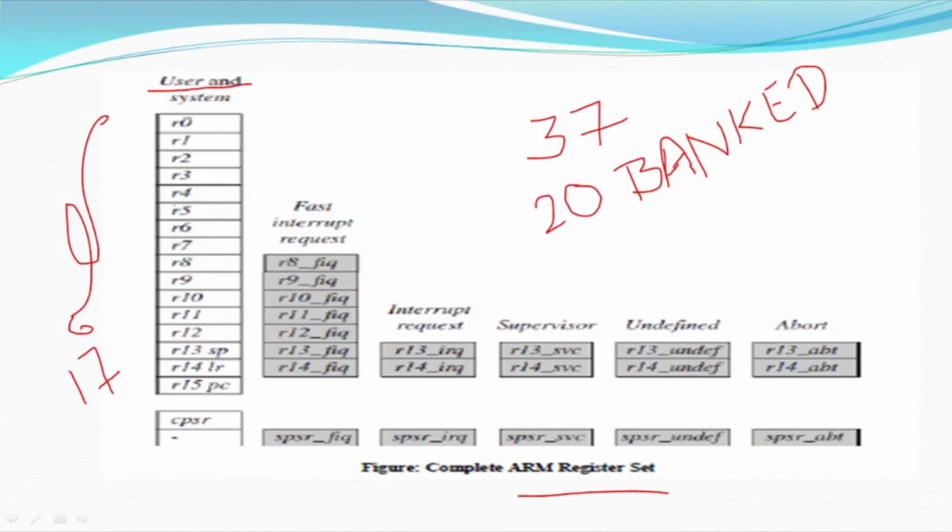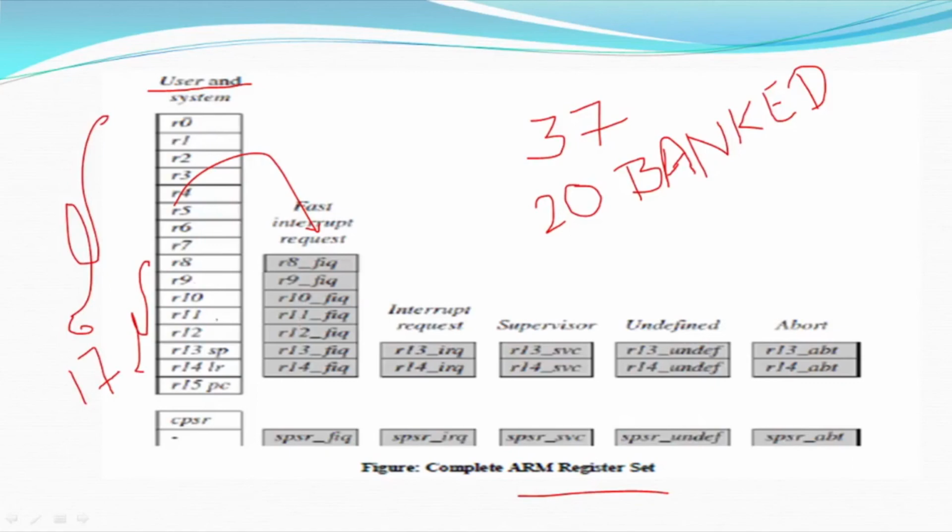And let's assume a fast interrupt request happens, then it jumps to this particular mode. If any such change happens, you can see that R0 to R7 remain available even in this mode, but instead of R8, R9, which is shown here, these banked registers come into the picture.